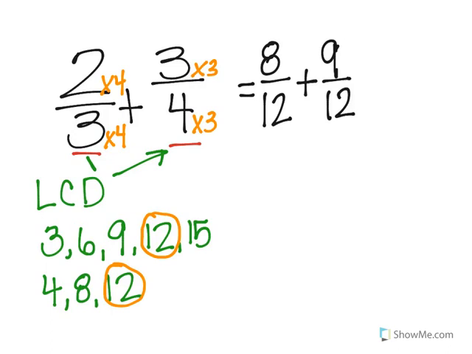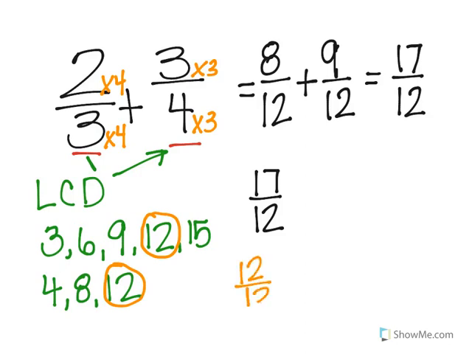So you just add straight across now and we keep the denominator. So I'm going to go ahead and write a 12. So 8 plus 9 is 17. Well, I already know, guys, this is an improper fraction. We need to change it to a mixed number. So 17/12. I know that 12 over 12 equals 1 whole. So I'm going to subtract that from it.